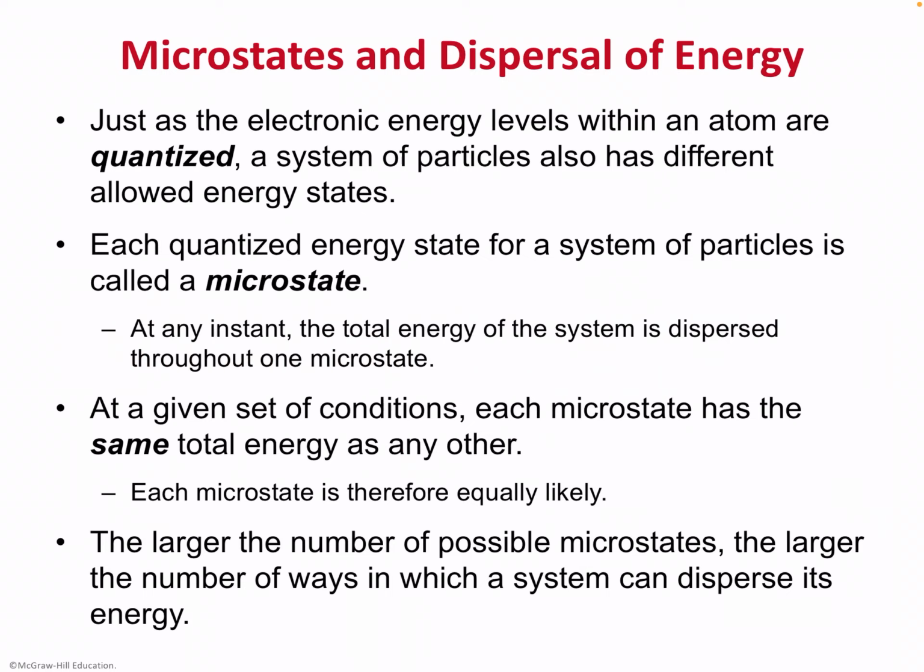Microstates and dispersal of energy. Just as the electronic energy levels within an atom are quantized, a system of particles also has different allowed energy states. Remember in Gen Chem 1 we learned about when we were studying energy levels of an atom, we said that you can have energy levels N1, N2, N3, N4, N5, N6 and so on.